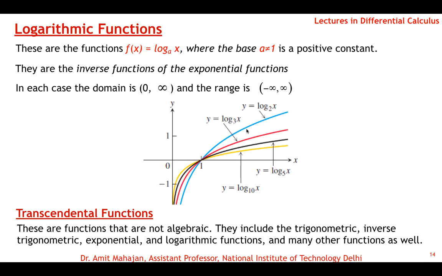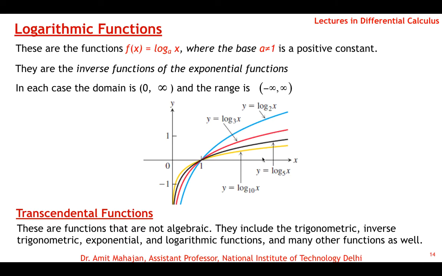Again, the different curves for logarithmic functions are given here with base 10, base 5, base 2 and base 3. If you have a base 10 log function, this yellow curve, this is a common logarithmic function. But if we draw y equals log base e of x, that is a natural logarithmic function.